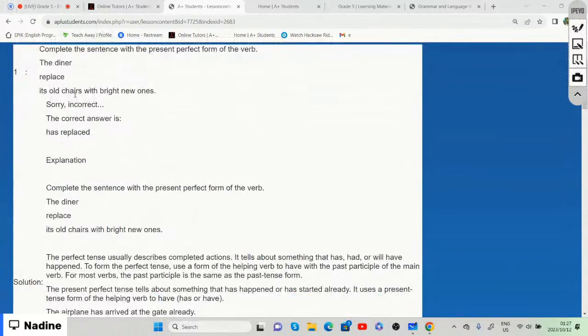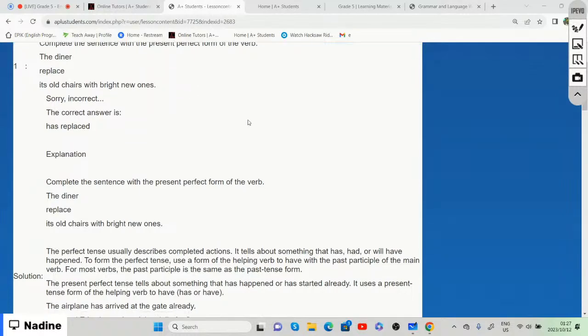So the diner replaced its old chairs with bright new ones. So the diner, do we say has replaced or have replaced?